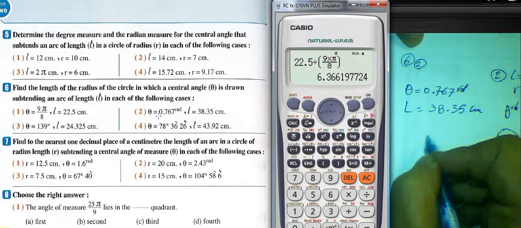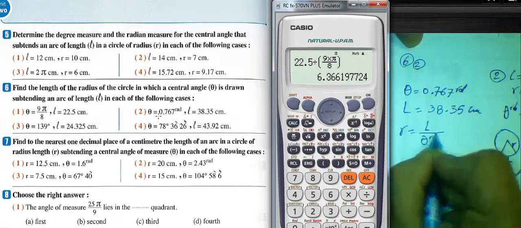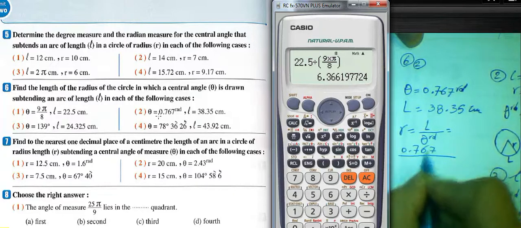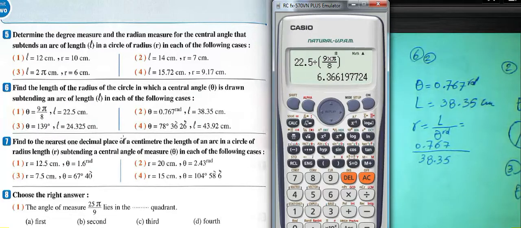We know the radius equals L over theta radian, so we can find the result by dividing 38.35 over 0.767.